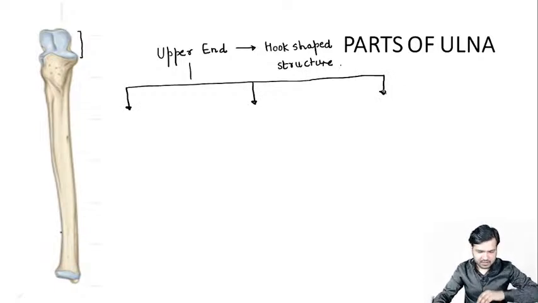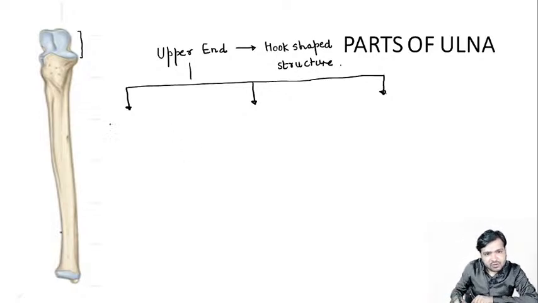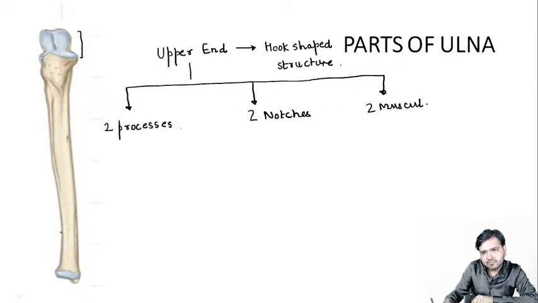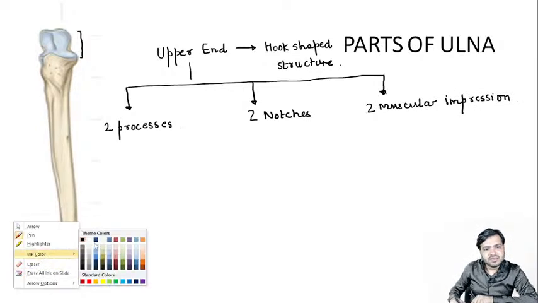Over here we have two processes, two notches, and two muscular impressions. We will be discussing each of these in detail.